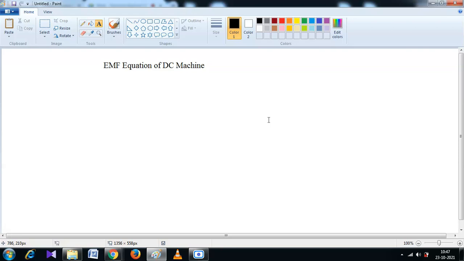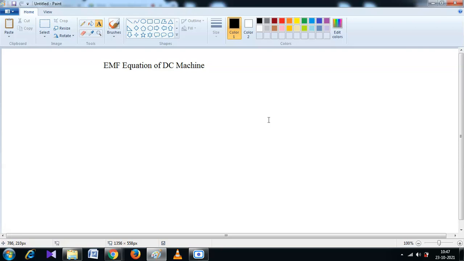What is the first law of Faraday's? Actually, in Faraday's law, there are two laws: one is the first law, another is the second law. The first law states that whenever a conductor is placed in a varying magnetic field, an electromotive force is induced on that conductor.